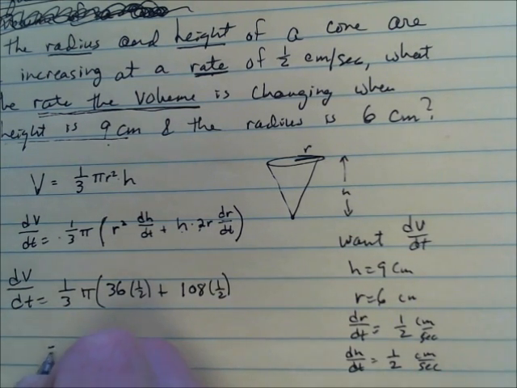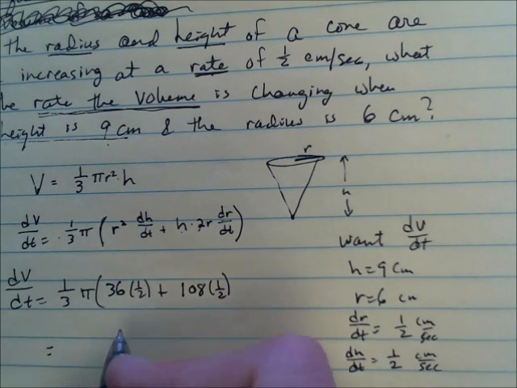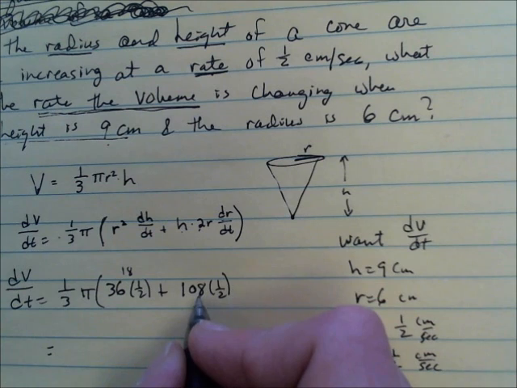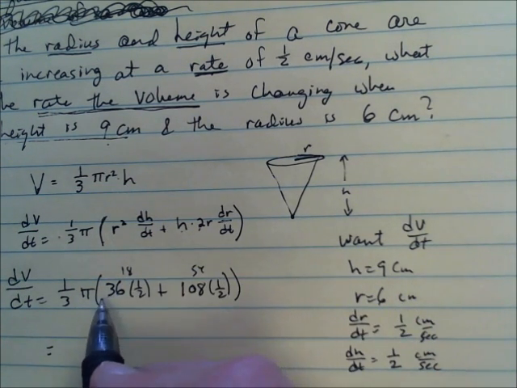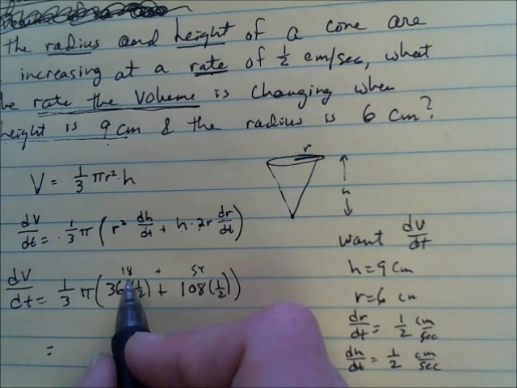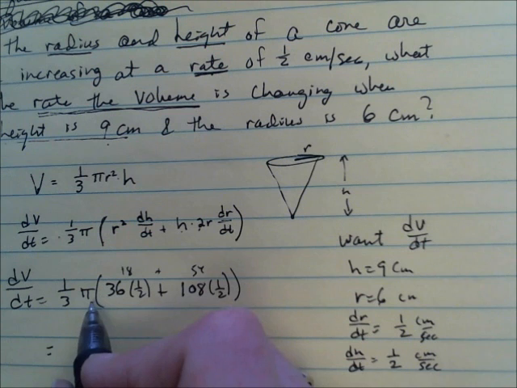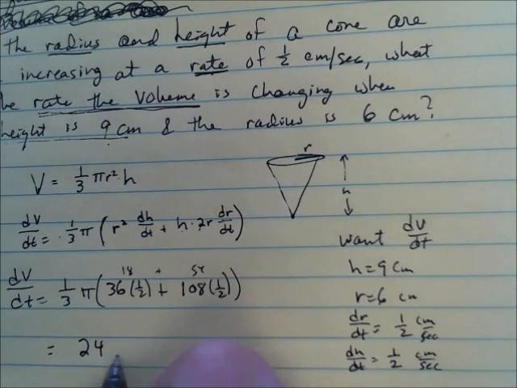So what do we have here? We have 1/3 times, this is 18, and 1/2 of 108 is 54, and 1/3 of 18 is 6. Okay, so we have 24 pi is our final answer.